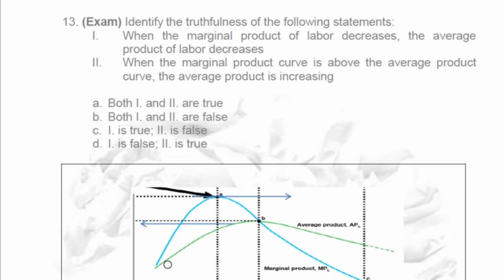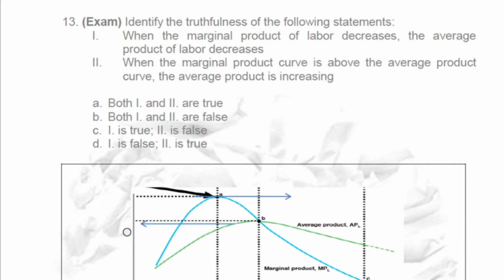Here we have marginal product of labor in blue and average product of labor in green. As we explained in class, it's very logical for the marginal product of labor to intersect the average product of labor at its maximum.